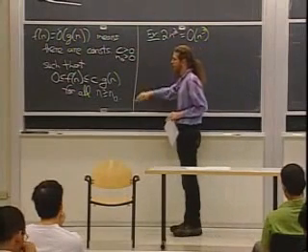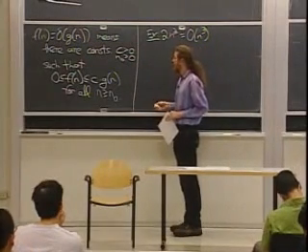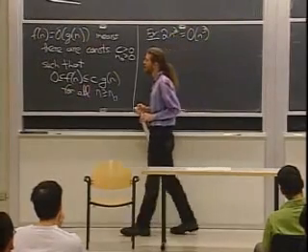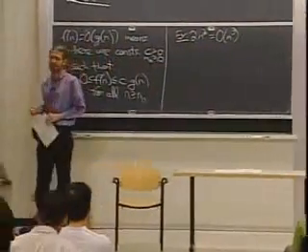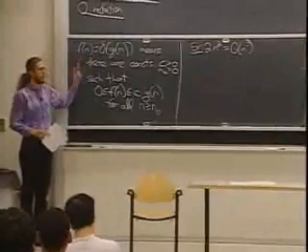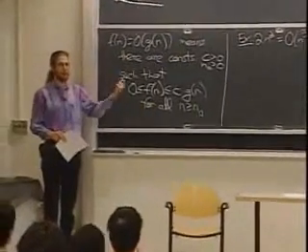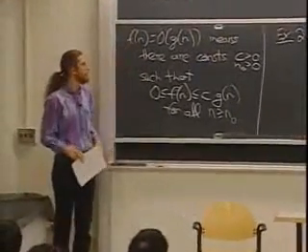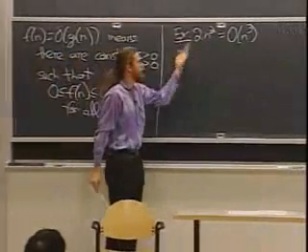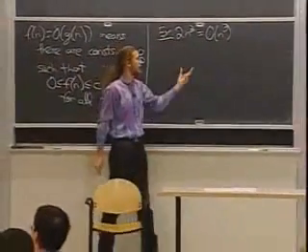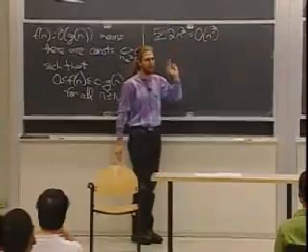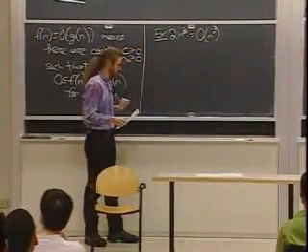But this is the formalization. A funny thing about this notation is that it's asymmetric. Normally you think of equality being symmetric: if A equals B, then B equals A. But it's not true here. We don't have n cubed being big O of n squared. You don't even have big O of n cubed equaling n squared. We'll see exactly what that means in a second.